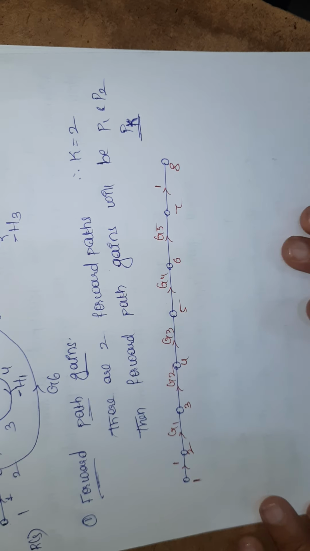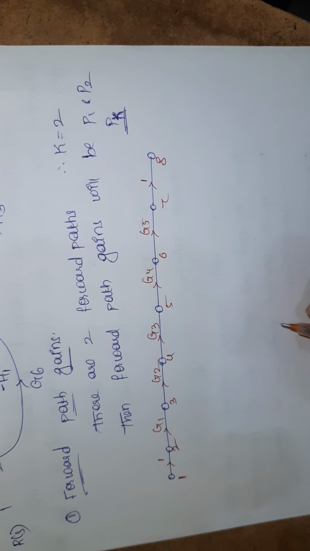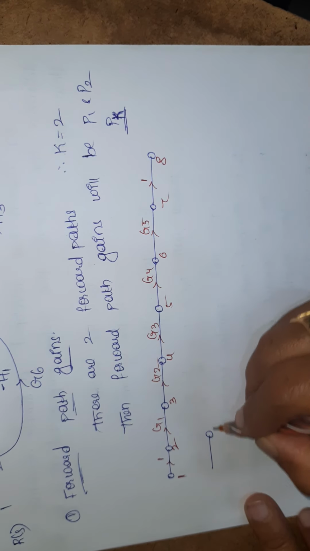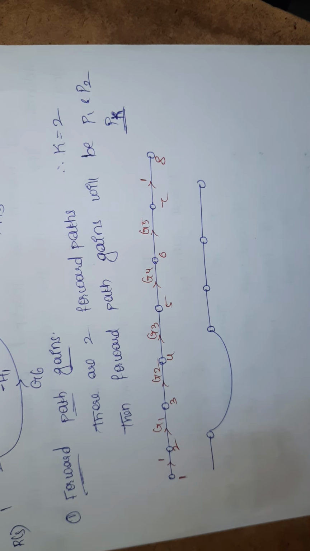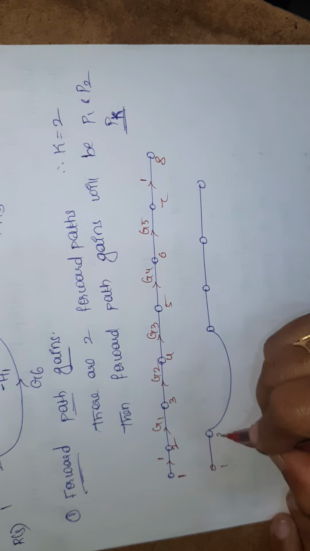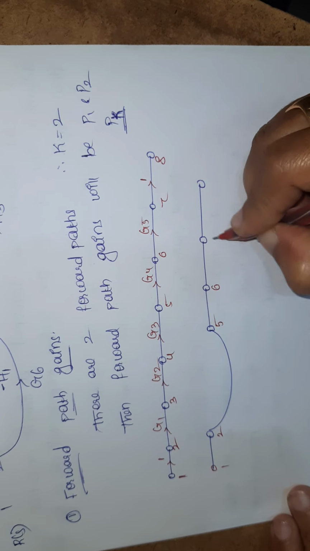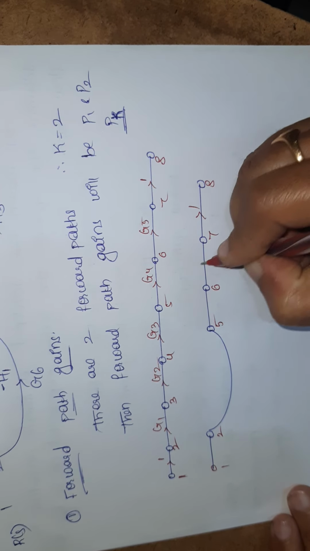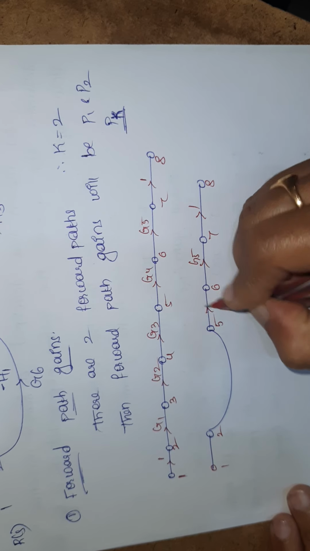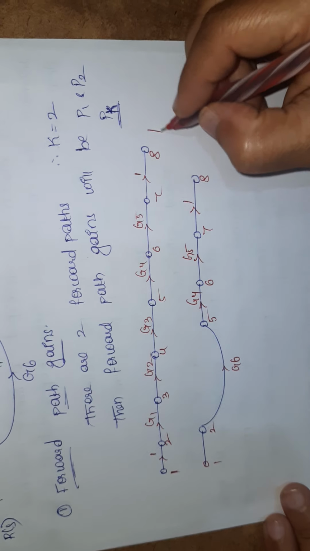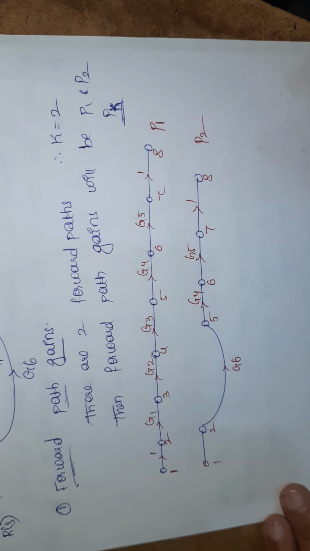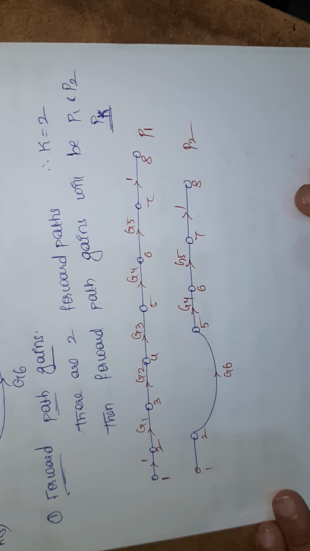Here it is 1. Next, this is another forward path I have: 1, 2, 5, 6, 7, 8. So this is P1 and P2.